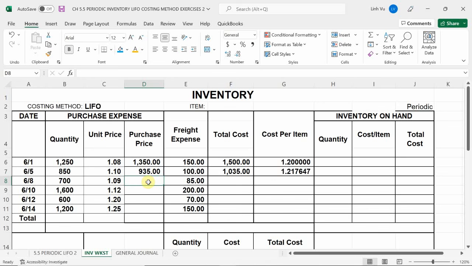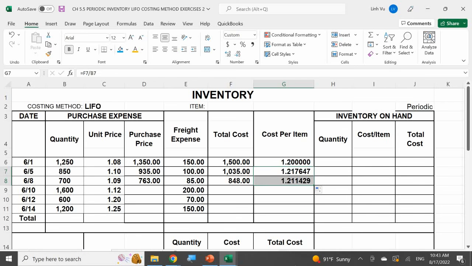So, what's my total purchase price here? $763. 763 plus $85 worth of freight gives me a total cost of 848, which will give me a cost per item of 1.21142. Good, right?